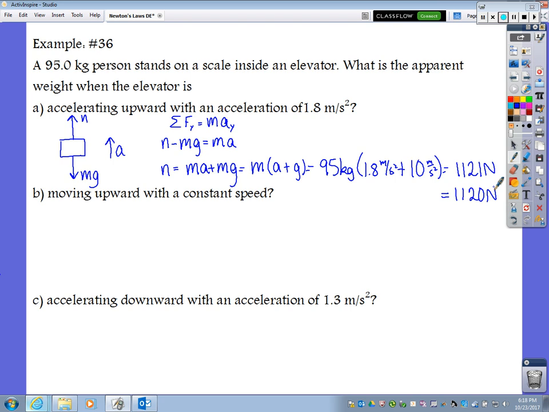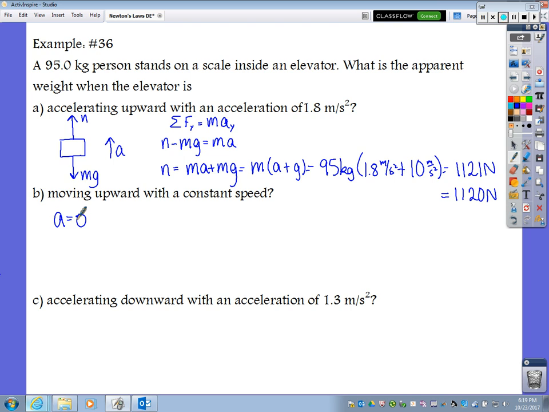Okay? In the next problem, it's the same exact problem, except now the acceleration is 0. When the acceleration is 0, even if you're moving, it would be at a constant velocity, the net force is going to be 0.